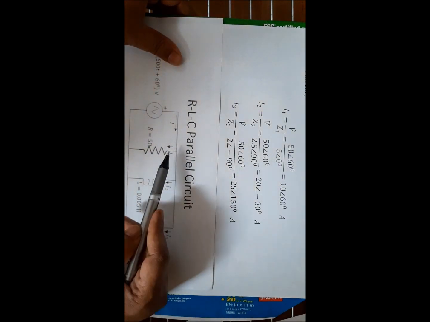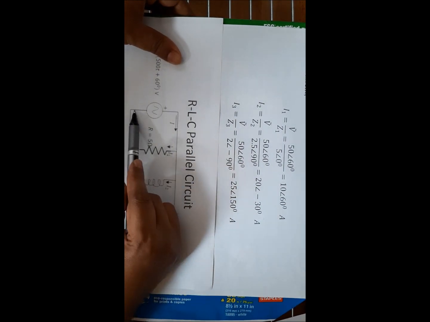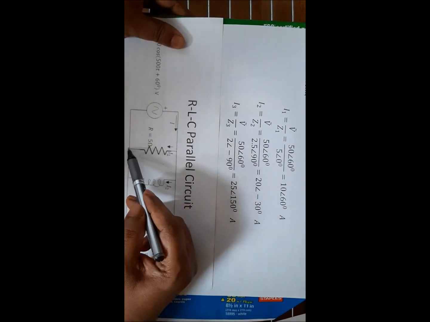So now if we want to find the current to the resistor, this will be the voltage divided by the impedance here.